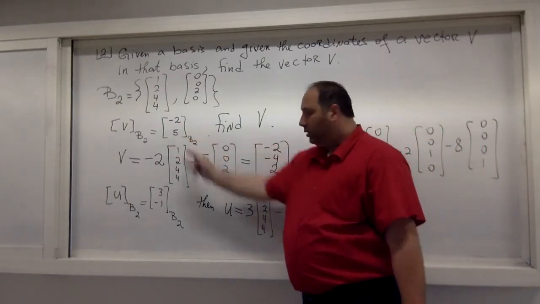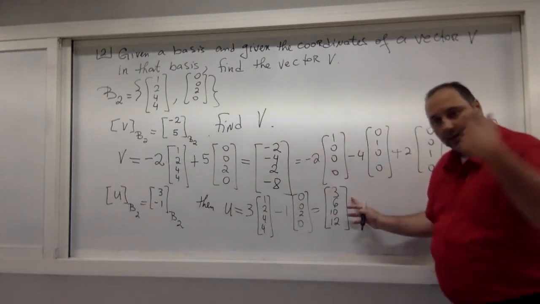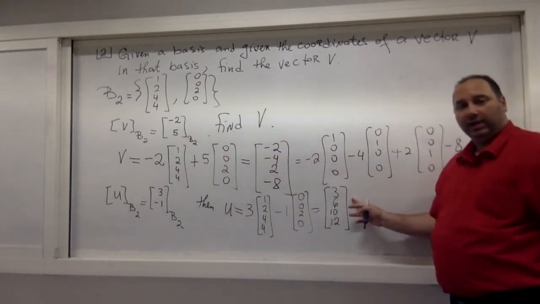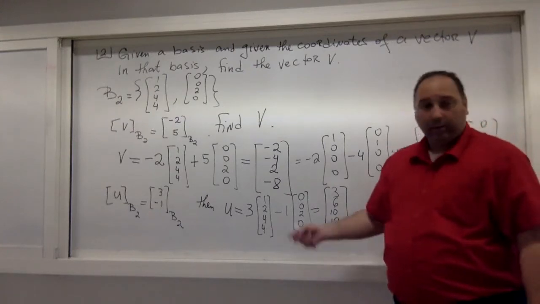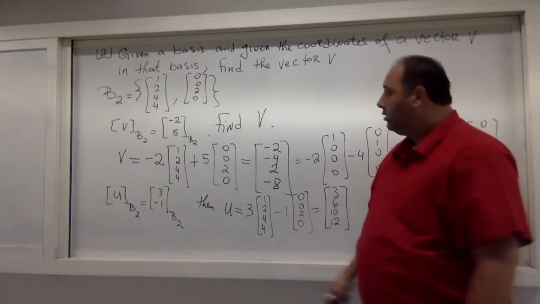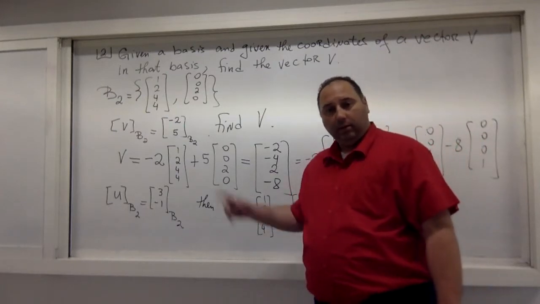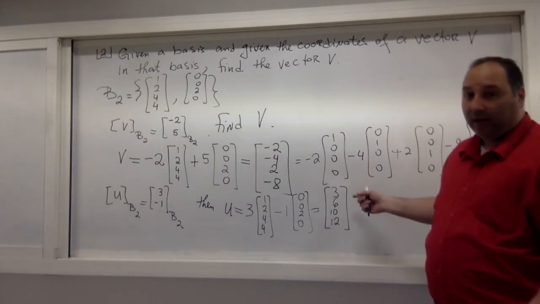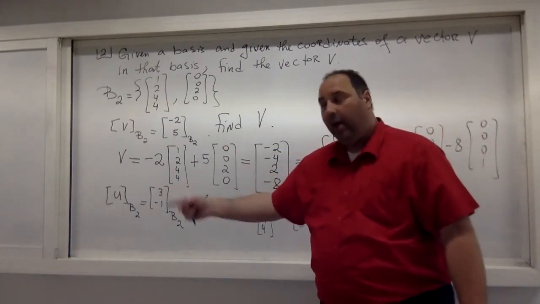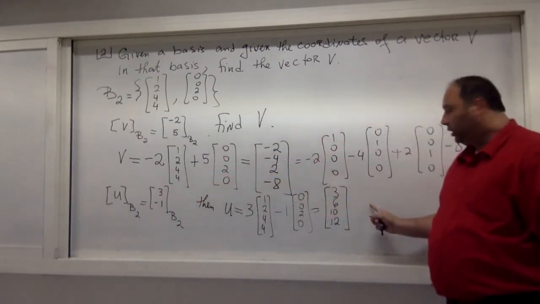I give you the coordinates, you compute the vector, and then you solve the system Ax equal b using the other basis. And then obviously I'm evil, and I'm going to ask you for another set of coordinates of another guy, and then you're going to do the same process again, and it's going to take time. And when you're done, I'm going to ask again for another guy, and you're going to do the same process, and at some point you can start hating me.